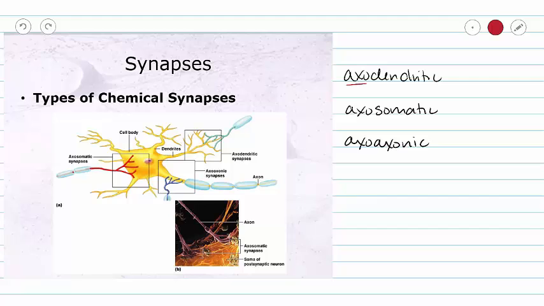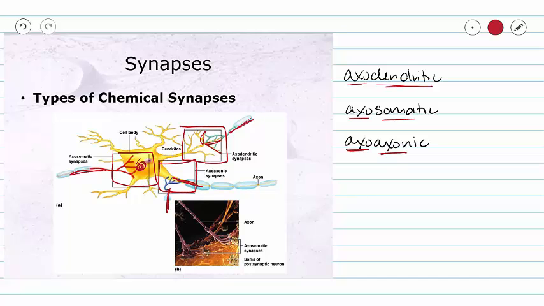An axodendritic synapse is going to be a synapse between an axon and a dendrite. An axosomatic synapse is going to occur between an axon and a soma. And finally, an axoaxonic synapse is going to occur between an axon and an axon.